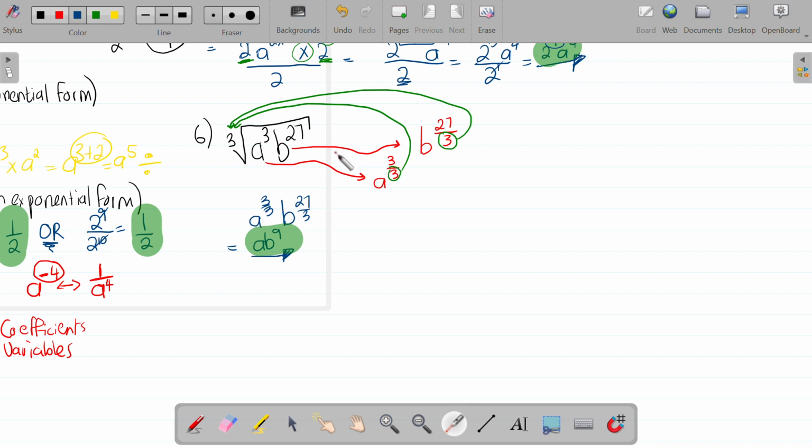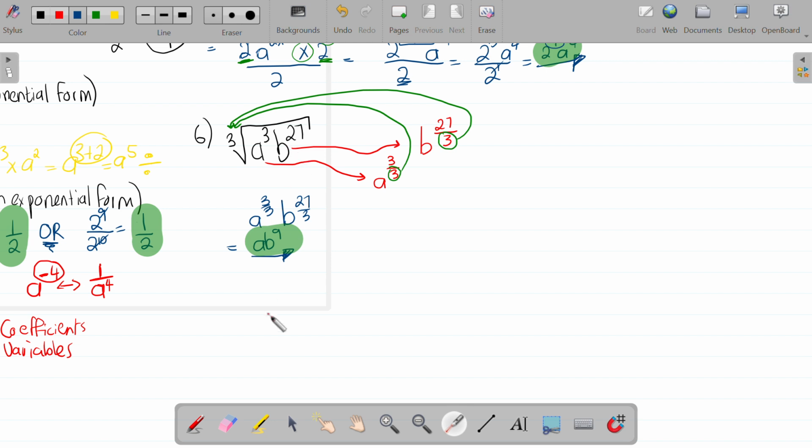So when you get a question like this, when you're simplifying, your exponent gets divided by the number on the outside of the root sign. Does that make sense? Okay, so then this b over here, the 27 gets divided by 3 because the 3 comes from the outside of the root sign.